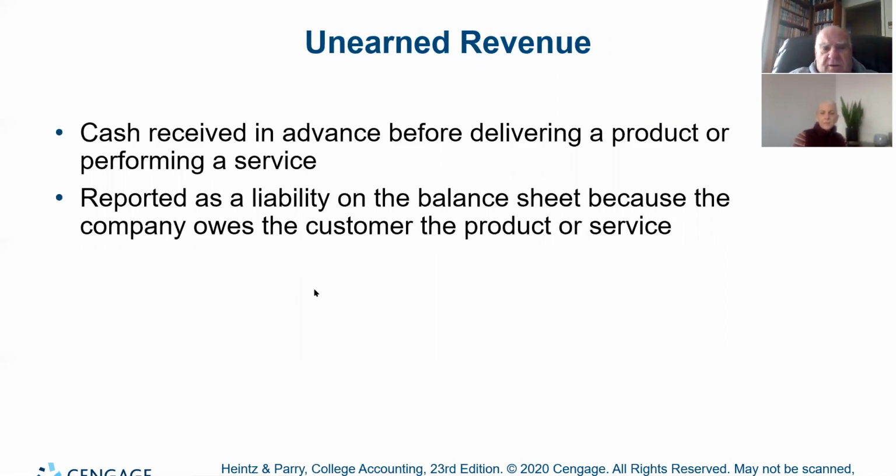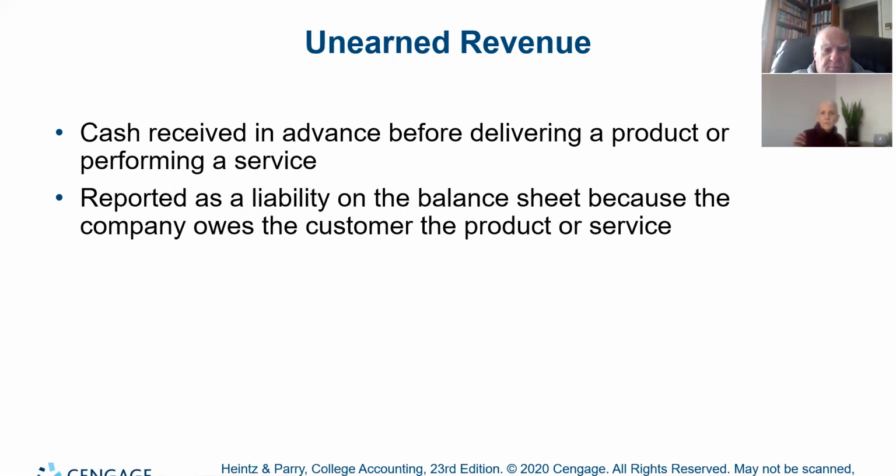You get the cash, you debit the cash, and you credit a liability account called unearned revenue. And then when you actually do something, you can reduce that liability called unearned revenue with the debit and credit an actual sales revenue account.